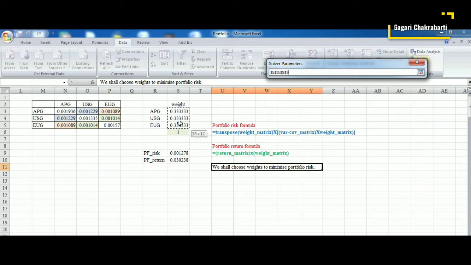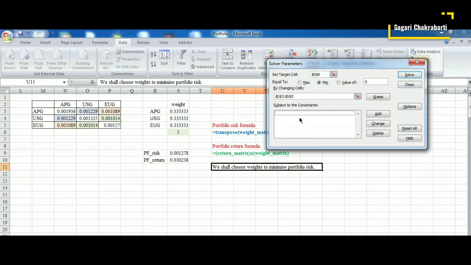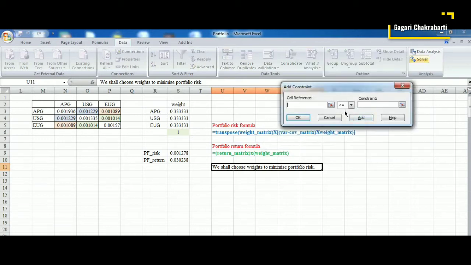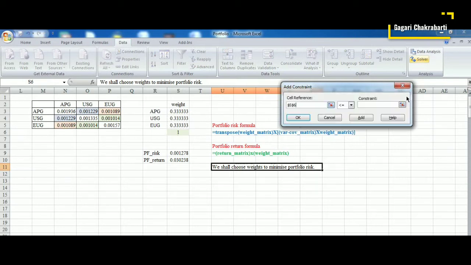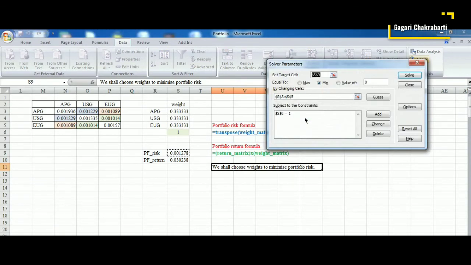Our choice variables are the weights, so we are changing the weight cells to solve the problem. We have only one constraint here, namely the sum of all the weights, which is given in this cell, is exactly equal to 1. So that is the only constraint here.